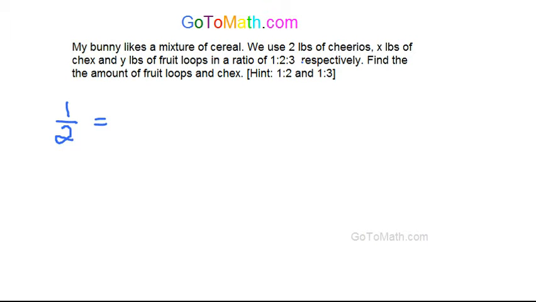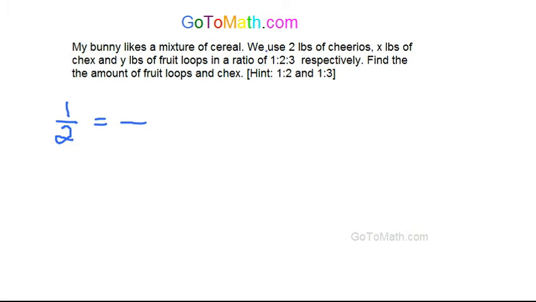What are we doing first? I almost forgot. X pounds of Chex. Okay, so X pounds of Chex.